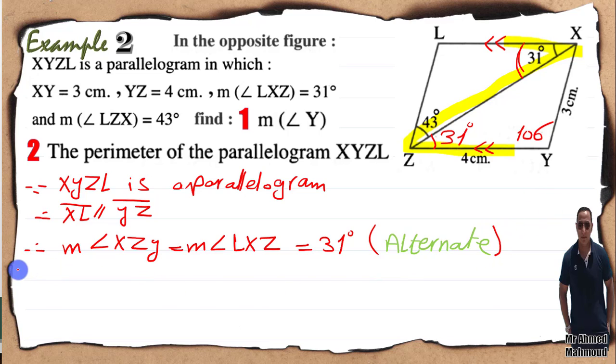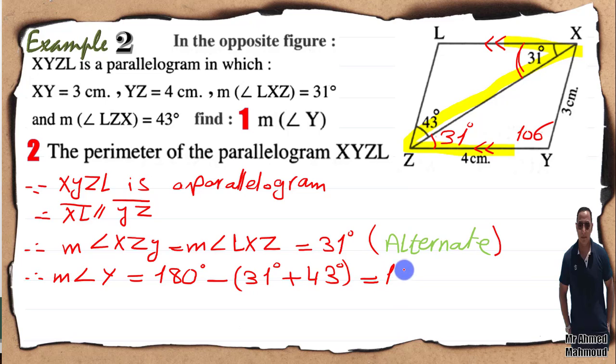Therefore measure of angle Y equals 180 minus open brackets 31 plus 43 equals 106 degrees, and this is consecutive angles.